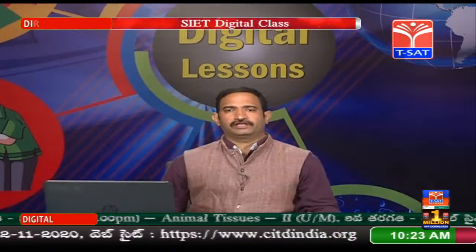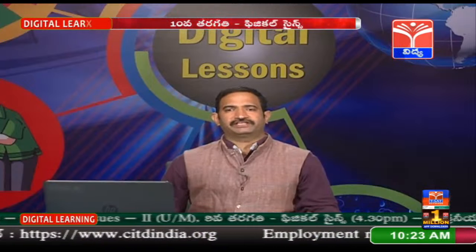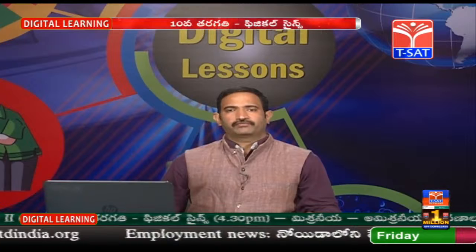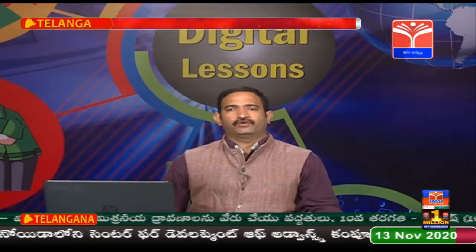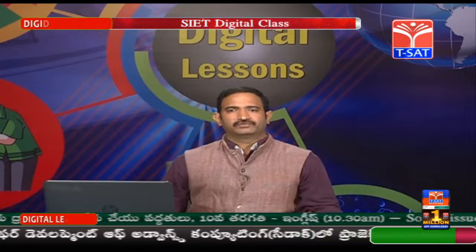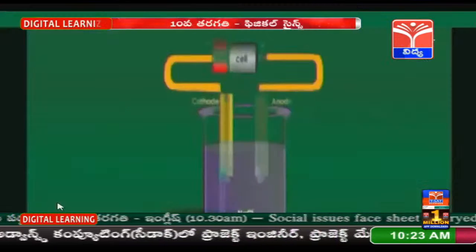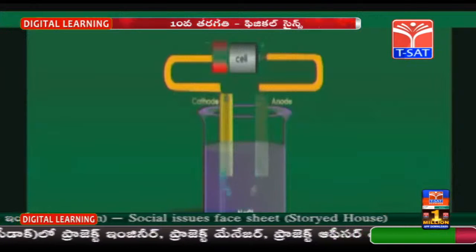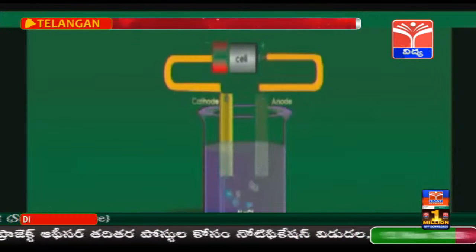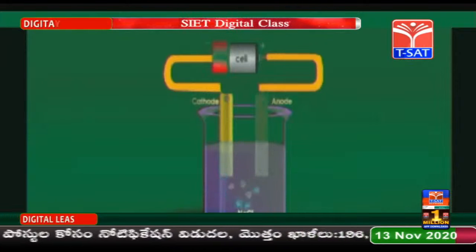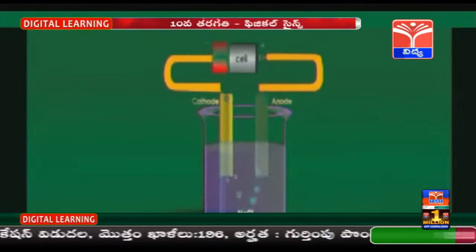In this chloro-alkali process, the solution of NaCl is dissolved in water, and whenever electricity is passed through this solution, there will be an anode and a cathode in this reaction. Now, you will see what happens in this reaction. Here NaCl is dissociated into its ions. What are the ions formed? Na plus ions and Cl minus ions.